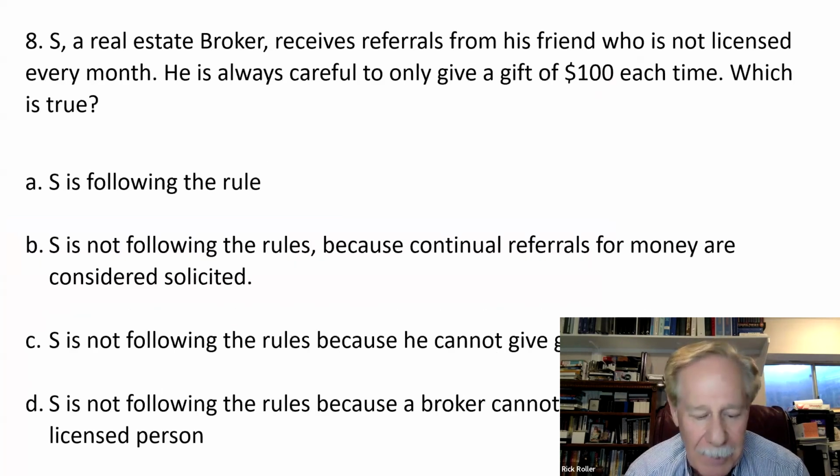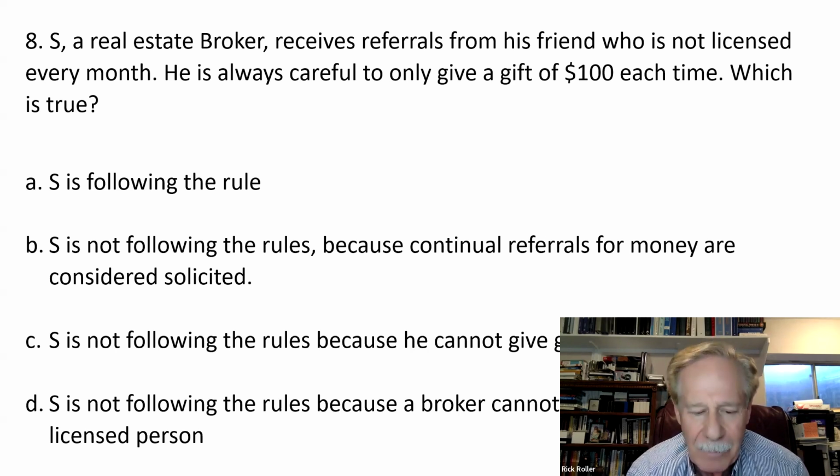Number 8, please. A real estate broker receives referrals from his friend who's not licensed, and he gets these every month. He's always careful only to give a gift of $100 each time. What is true? Is he following the rule? He is not following the rule because continual referrals for money are considered solicited.